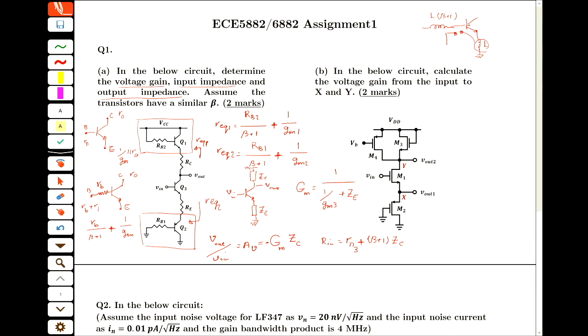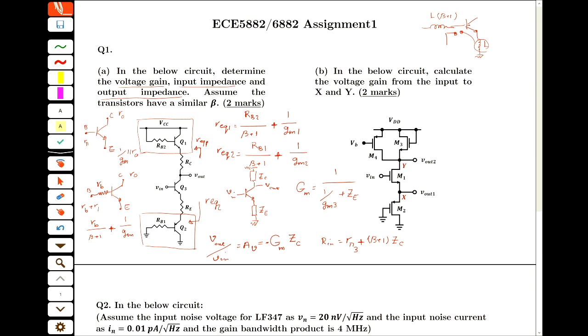Okay. All right. So it takes five minutes. In the final exam, you should spend 5 minutes to derive this. If you draw the small signal model, a 10 stage small signal model, and try to solve this, it takes 1 day.